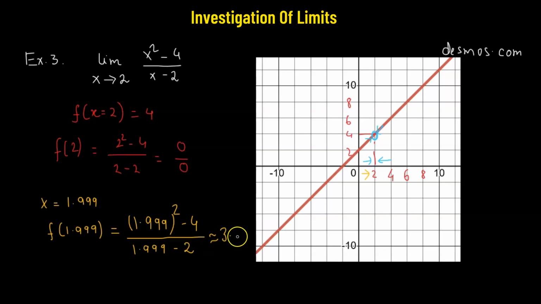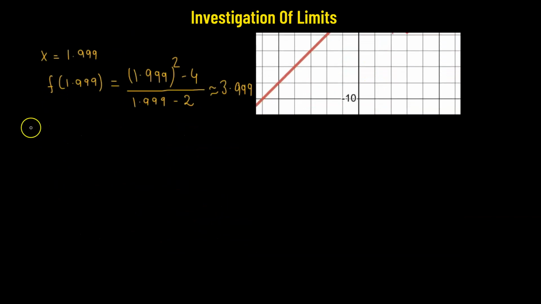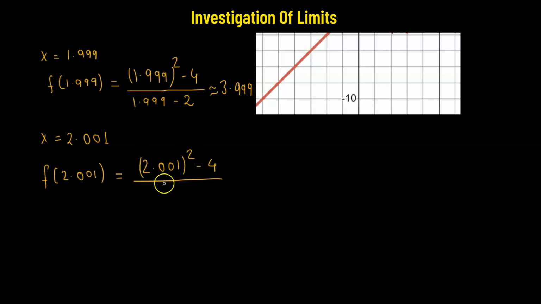So we get 3.999. Then let's take x equals 2.001. That means we are approaching x equals 2 from the right hand side. The value of the function will be 2.001 squared minus 4 divided by 2.001 minus 2.